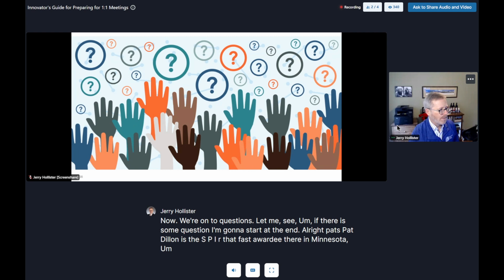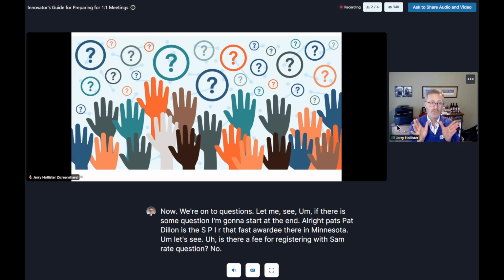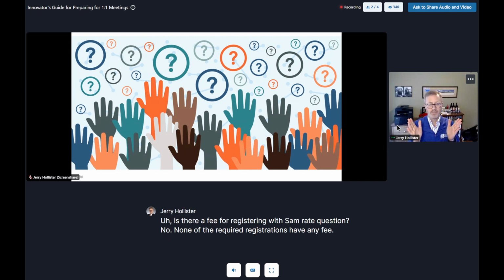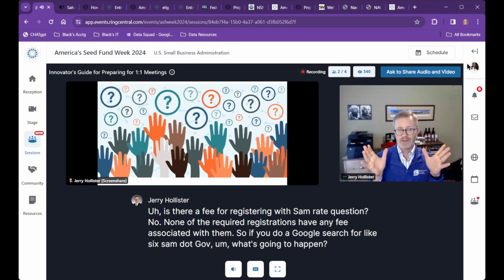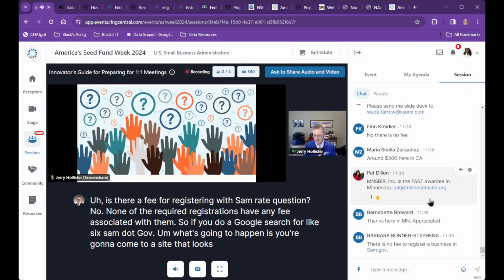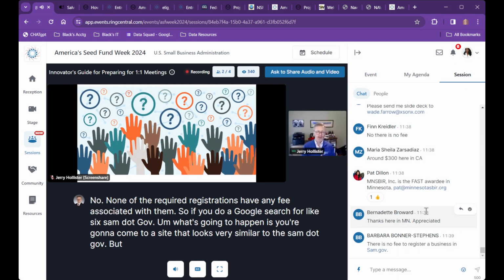Let's see. Is there a fee for registering with SAM? Great question. No, none of the required registrations have any fee associated with them. So if you do a Google search for something like sam.gov, you're going to come to a site that looks very similar to sam.gov, but it's a private company, and they're going to want to charge you.